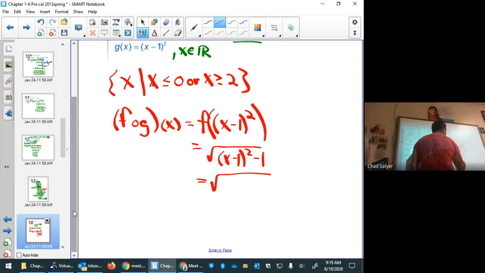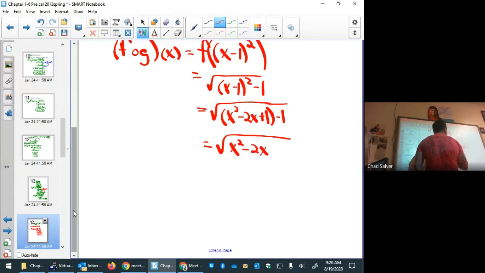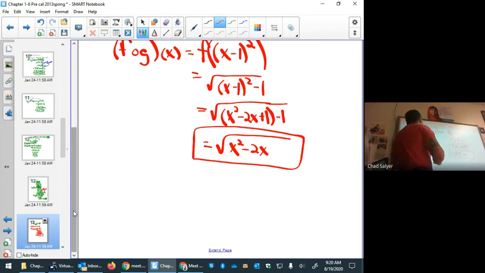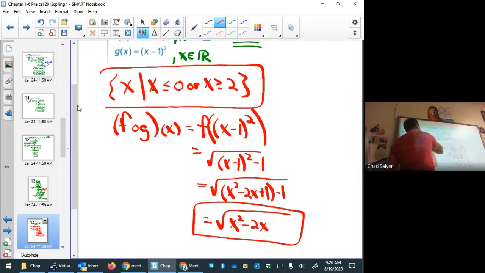So I'll go ahead and expand that. That's x squared minus 2x plus 1 minus 1. And so I have, if I combine my like terms, the ones cancel, x squared minus 2x under a root. So there's f of g of x. And here is the domain we'll have to use for f of g of x.